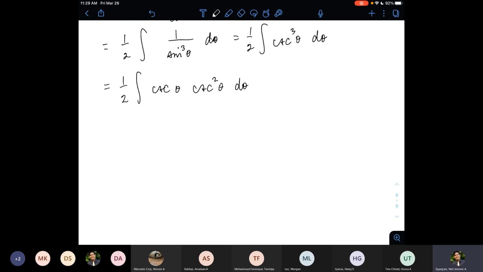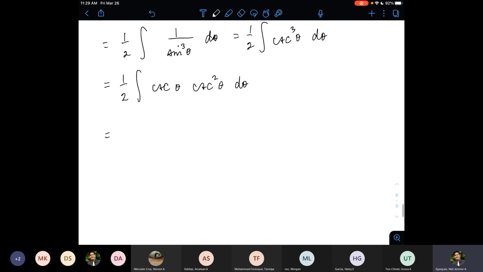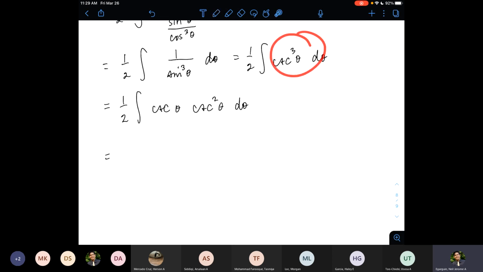Okay, and then so here we have a power of cosecant. The powers of cosecants and cotangents follow the same methods for secant and tangents. So if you go back to powers of trigs, we have 2 cases there, sine and cosine, and combination of secant tangent. The methods for secant tangent work perfectly well for cosecant and cotangent.